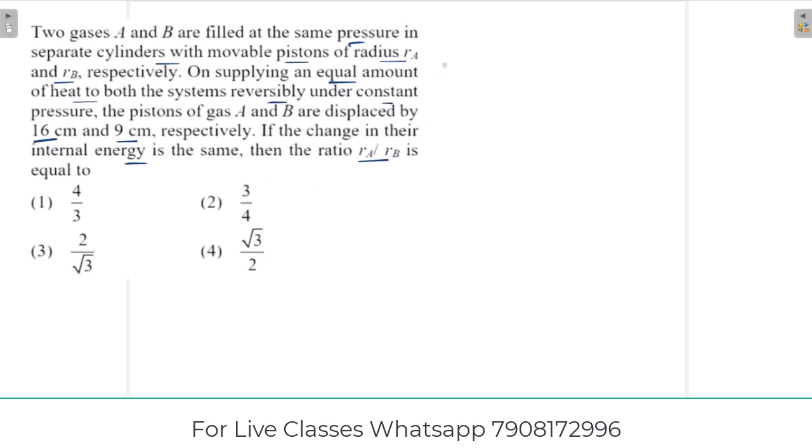So, two gases A and B are filled at the same pressure. So, the pressure is same. Now, let's assume this is the cylinder with a piston here.